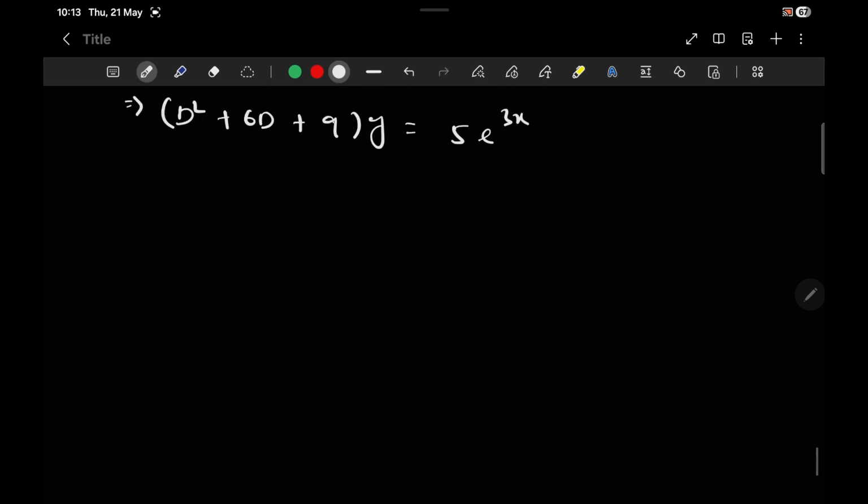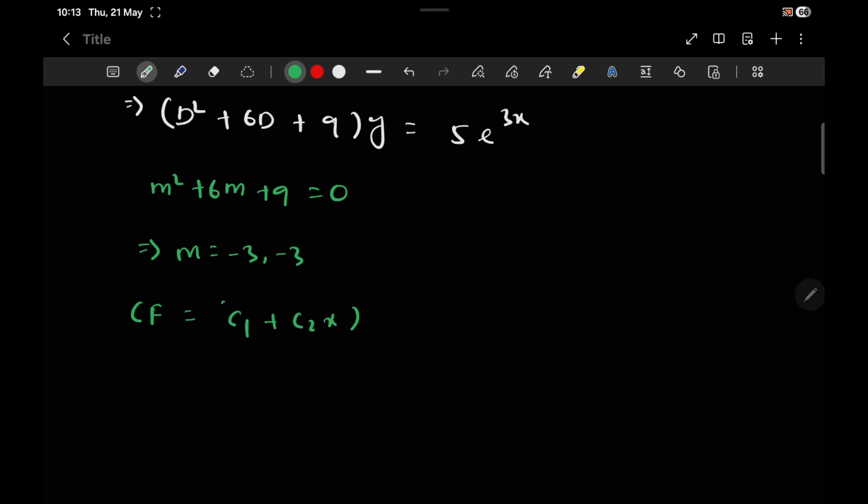So the auxiliary equation becomes m square plus 6m plus 9 is equal to 0. That is, m is equal to minus 3 and minus 3, right? So the complementary function will be c1 plus c2x into e to the power minus 3x.